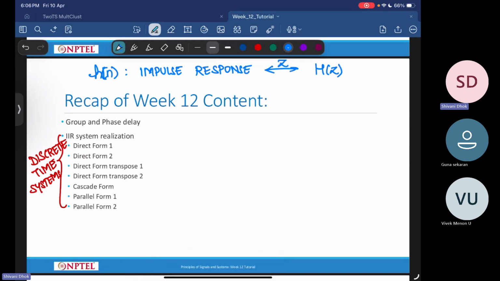This is the z transform of your system. And we had seen that for an LTI system, this H of z is nothing but Y of z upon X of z. So once you are given an impulse response and its corresponding transfer function, this is your transfer function.